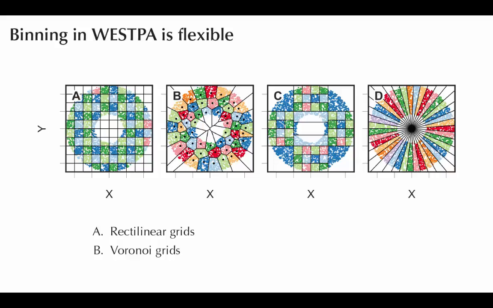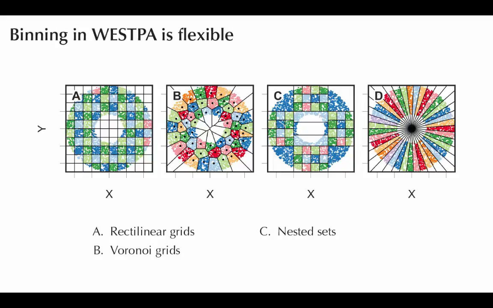Maybe this is where our initial state that we have to escape out of is, and here's a transition region that's kind of hard to surmount, and maybe here's our target state that's hard to get into. We're focusing our computing power here, here, here, and here, and not focusing as much in these corners. We can do that out of the box with WESTPA as well. So nested sets of bins.